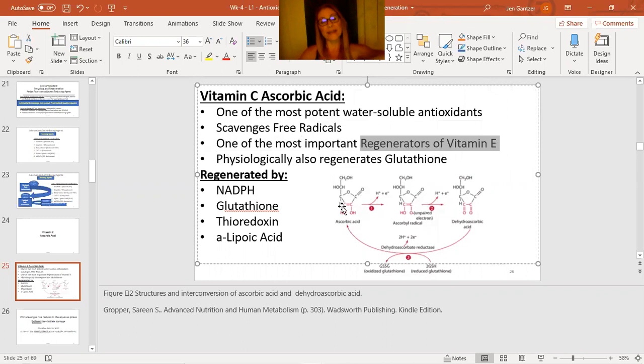Okay, so vitamin C is going to be the most important reducing agent to regenerate vitamin E. Vitamin C in the physiological system makes sure that once vitamin E, tocopherol, does its antioxidant role and donates its hydrogen, it has to be immediately regenerated and it has to get it back.